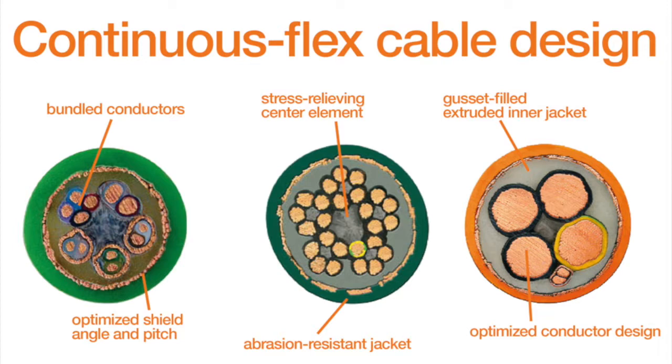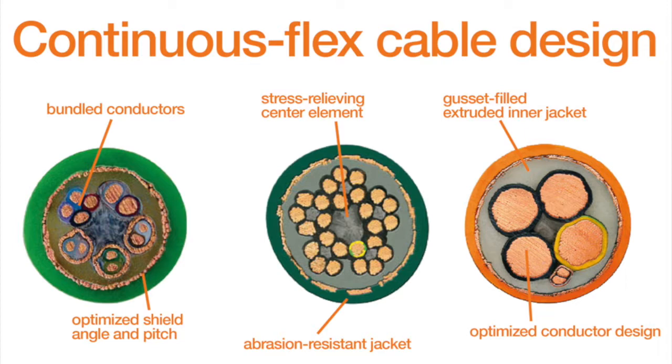If you were to use a flimsy filler material in the center of the conductors instead of a proper material, you would end up with a different bend radius for the inner conductors versus the outer conductors, or you would have the conductors falling into the center, causing different bend radii as well.